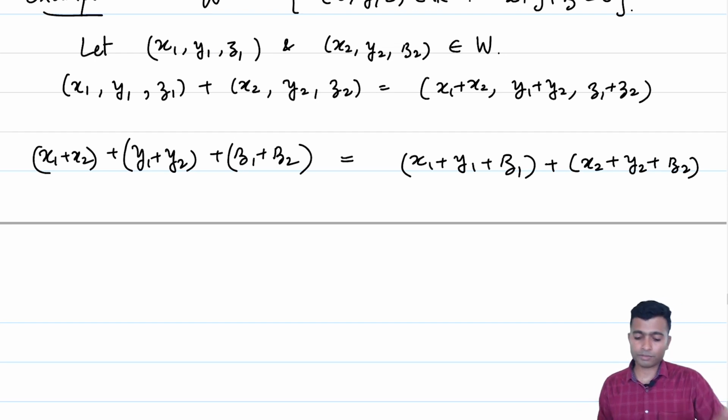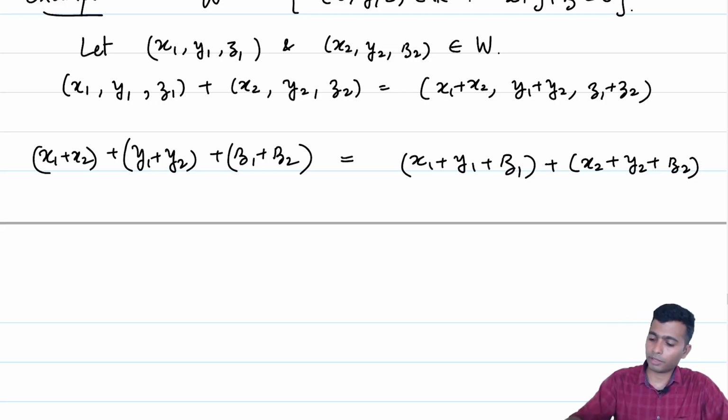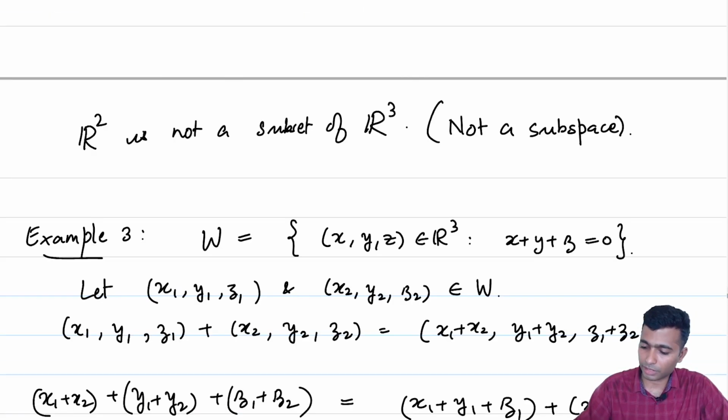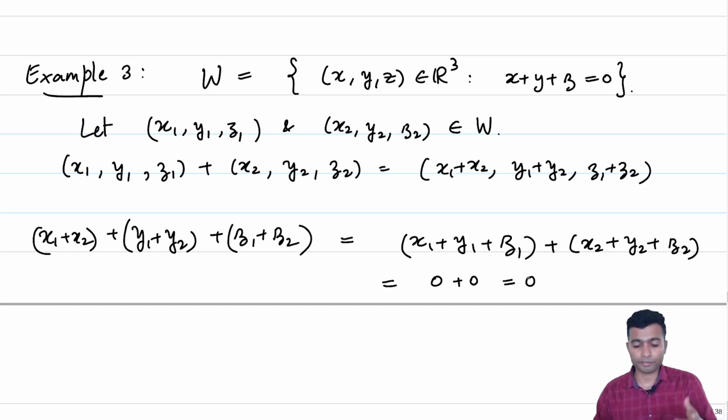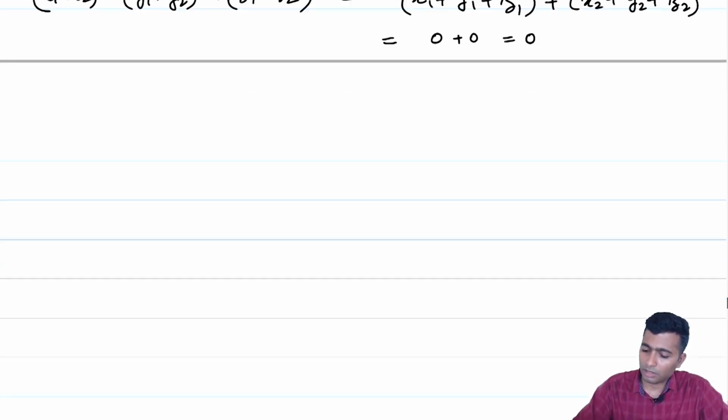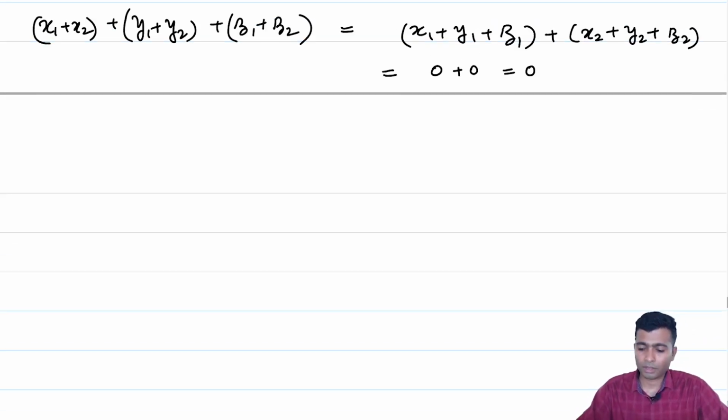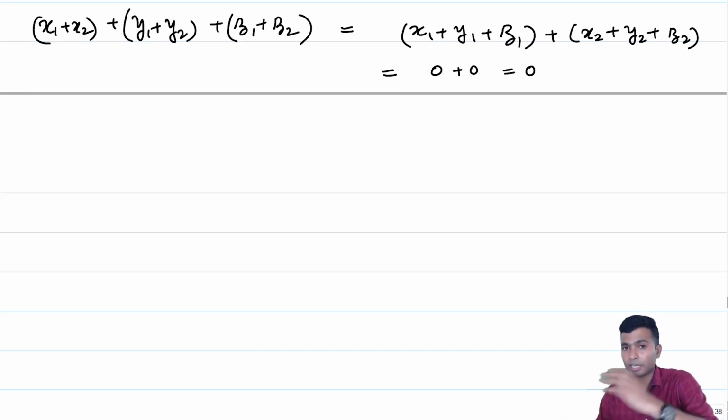But what do we know about x1, y1, z1? It belongs to capital W, and any vector which belongs to capital W should have its coordinates summing up to 0. That is how our W is being described, right? Therefore this is equal to the scalar 0, and the next one is also equal to the scalar 0, which is equal to 0, and we are done. We have shown that W is closed under vector addition.